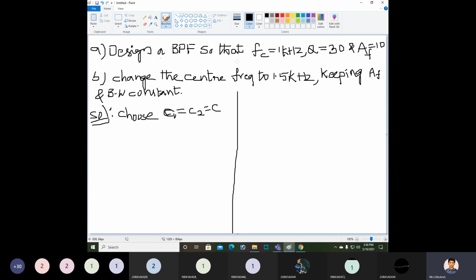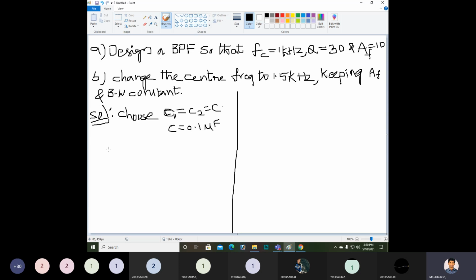That value also you need to fix. Let us assume that 0.1 microfarad. Assume that the C value is equals to 0.1 microfarad.